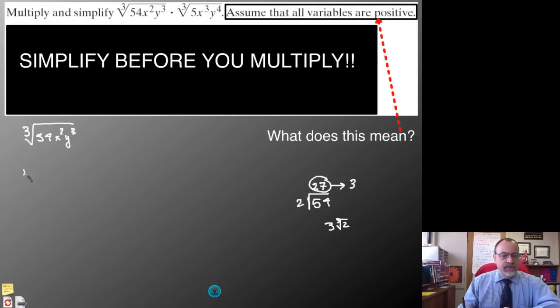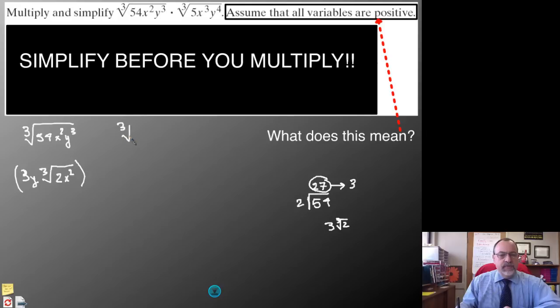So I have 3, and then I still have the cube root of 2. That takes care of the 54. Now the 3 cube root of x squared, 3 does not go into x squared at all, so x squared is left underneath. 3 into the 3 of the y comes out as 1 with no remainder, so this is the simplified version of this cube root.